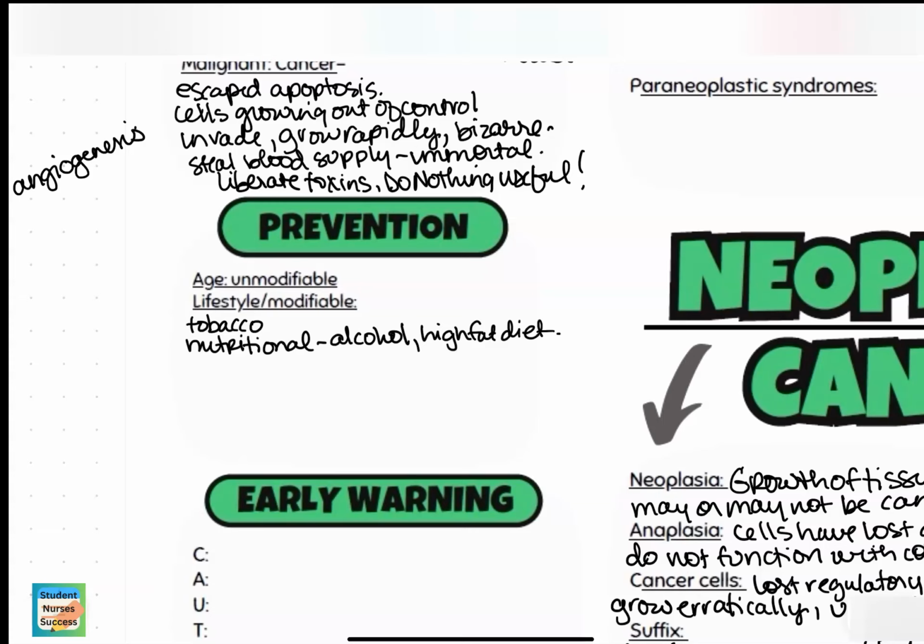We know that processed foods and red meats increase cancer risk. Sun and chemical exposures can increase cancer risk. We also know that hormones can sometimes fuel cancer.